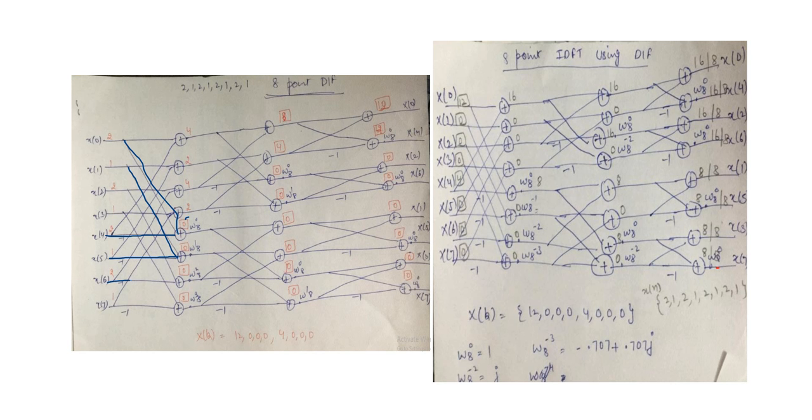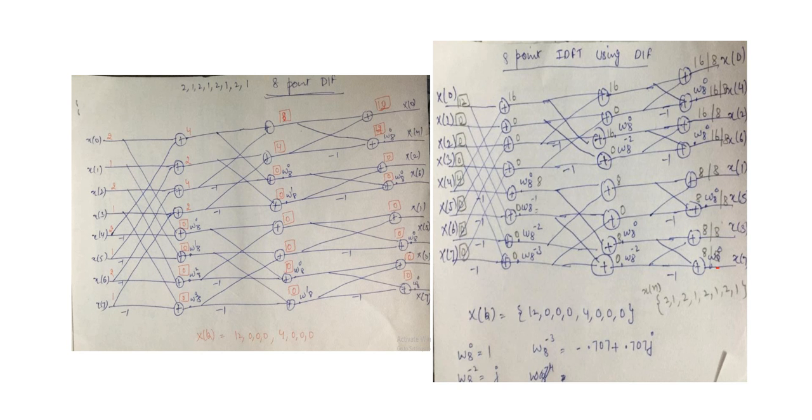Again 2 multiplied by minus 1 is minus 2, and 2 minus 2 is 0. Again 1 multiplied by minus 1 and from here 1 is coming, so it is 0. In the DIF algorithm, you multiply the sequence by the twiddle factor after the subtraction.